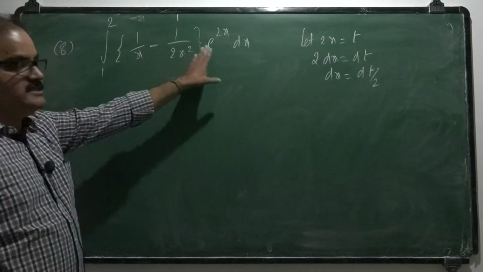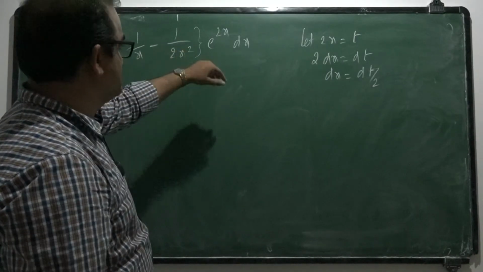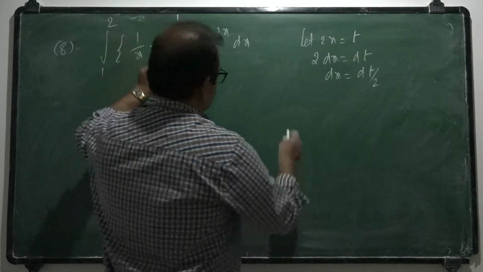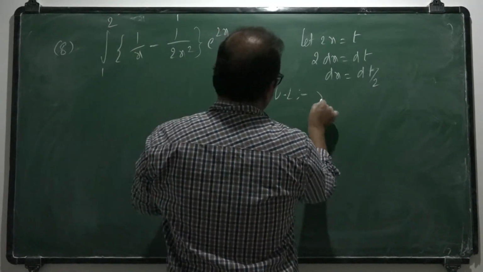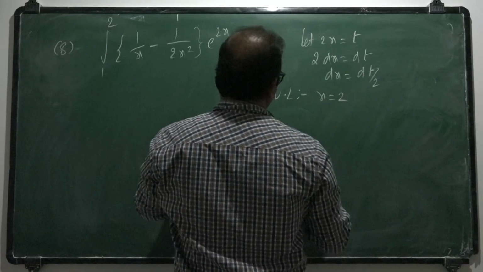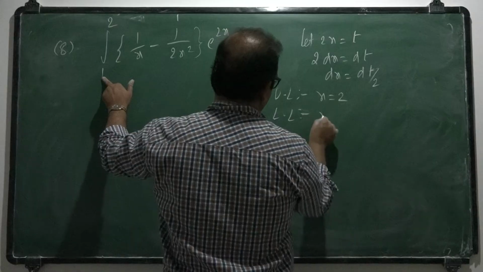We want to change the variable. If you want to change the variable, then you must change the limits also. What is upper limit? x is equal to 2. What is lower limit? x is equal to 1.